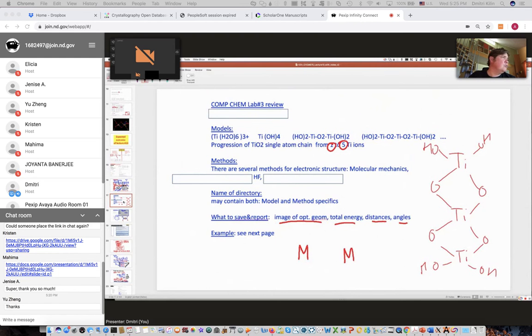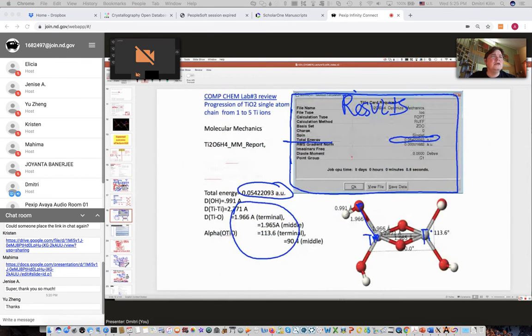I will go over it in the practical part, but it is suggested that one should open a separate directory for each model, otherwise it will become messy quickly enough. Last time we were looking only at the total energy, but today we are going to look beyond total energy. We are going to look at the so-called band gap energy, which is responsible for the color of the model.